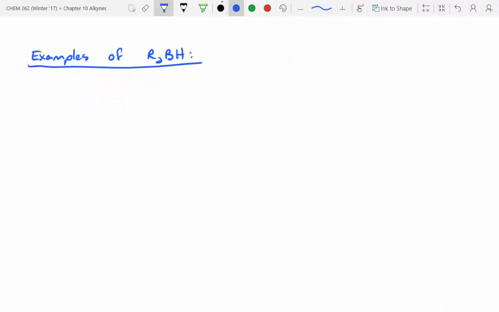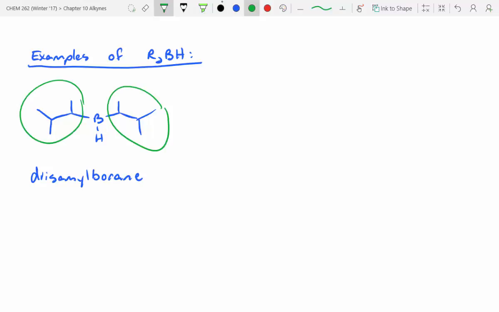The first one looks pretty funky. This is called disiamylborane. And you can tell that this has these big sterically blocking groups hanging off of each end.